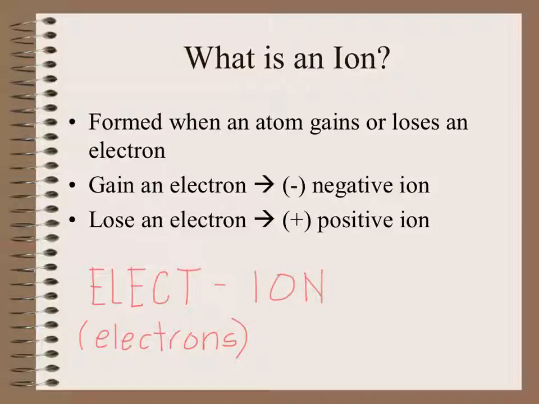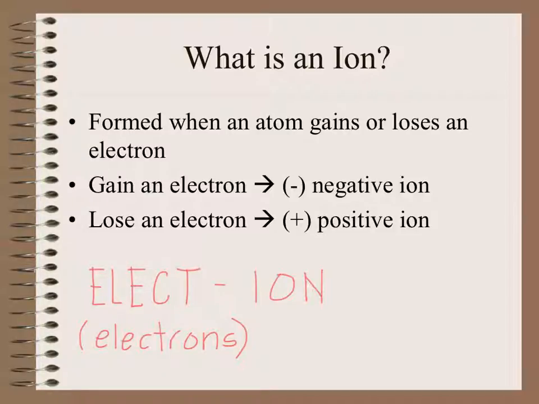So whenever you get or lose an electron, it's either known as a positive ion or a negative ion. If a substance gets an electron, it's known as a negative ion because you are increasing the negative charges. If it loses an electron, it's a positive ion because you're decreasing the negative charges.